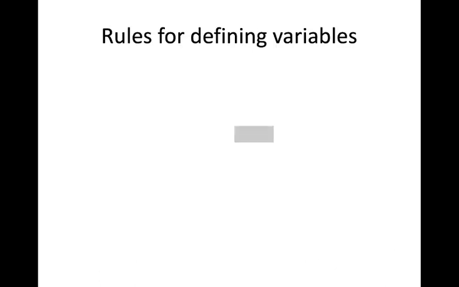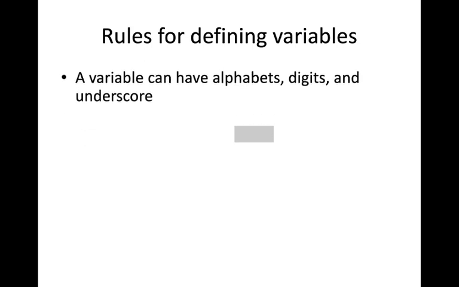And there are rules for defining variables. When we studied identifiers in the previous lecture, we saw how to name an identifier. Similarly, in variables also, we have some rules for defining them. A variable can have alphabets, digits, and underscore.